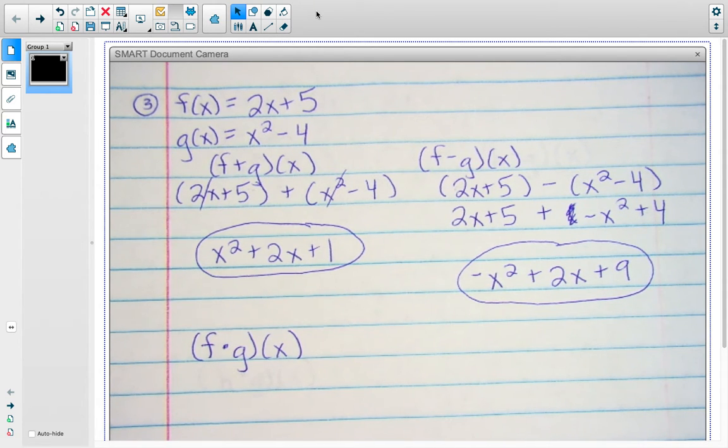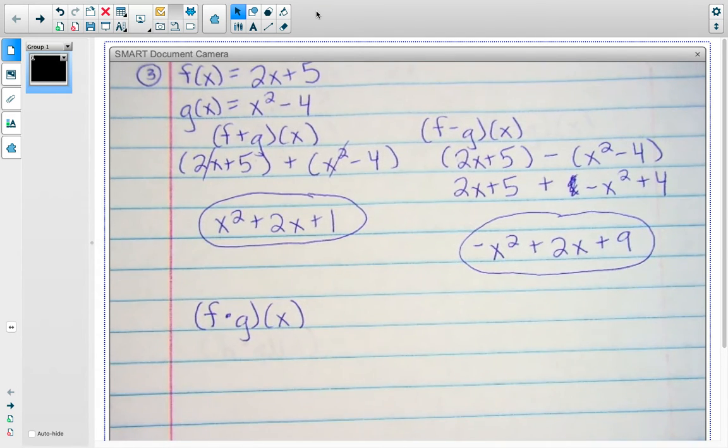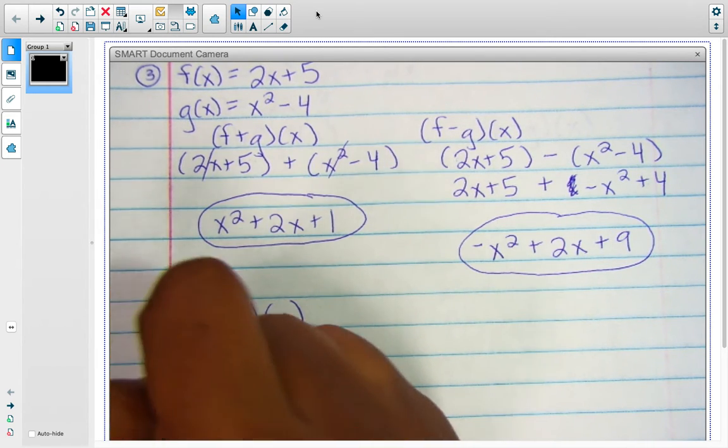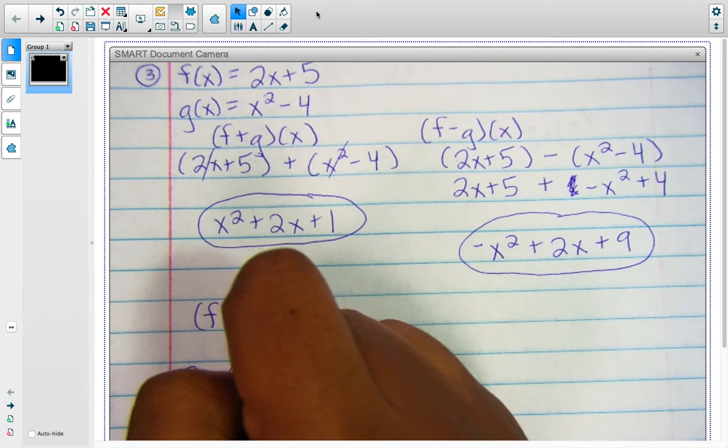All right, let's multiply. If I'm multiplying, I'm going to do 2x plus 5 times x squared minus 4. So there are two options that we have. We can do the distributive property.